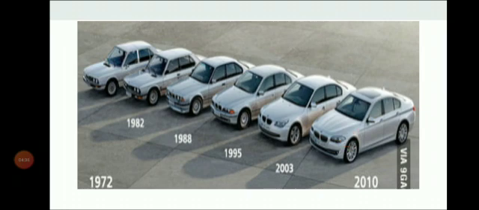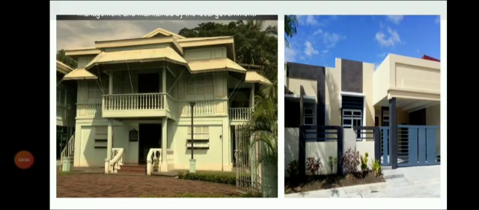So with the passage of time, the car's shape and structure have changed. Thirty to forty years ago cars were in people's use, but they were modified with the passage of time.